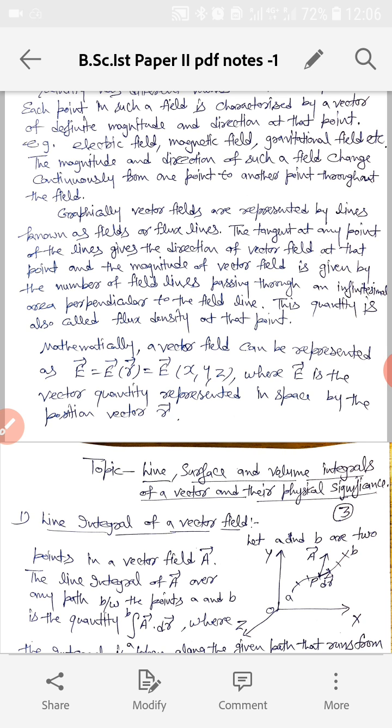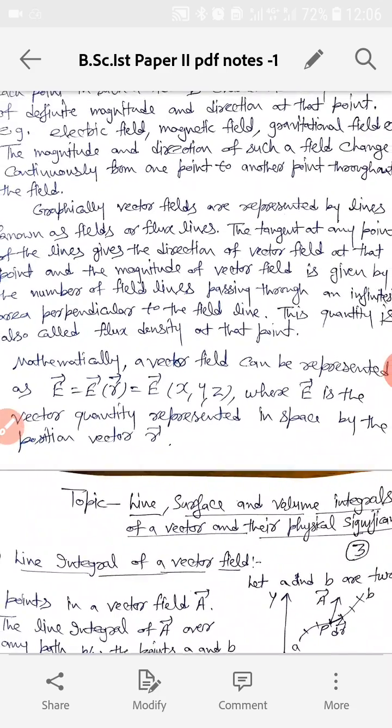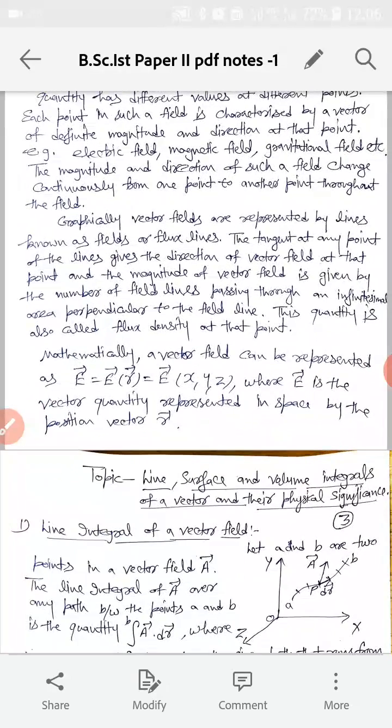Again, what we are discussing here is a vector field. In that vector field, the physical quantity has to be a vector, and if it is a vector, then it has magnitude and direction. So we are discussing how we define the magnitude and direction of that vector field. The direction of any vector is defined as the tangent at any point on the line, because vector fields are defined by field lines.